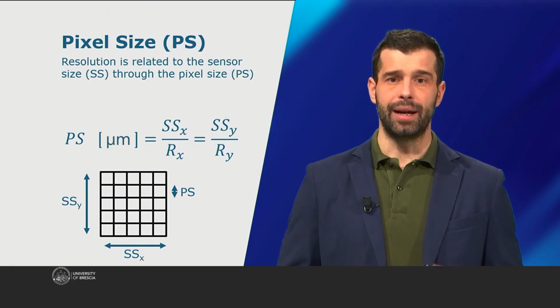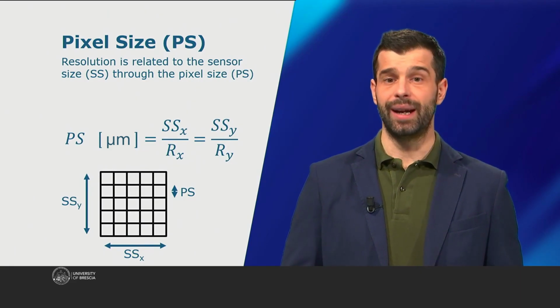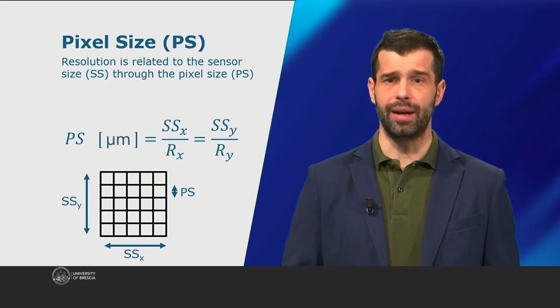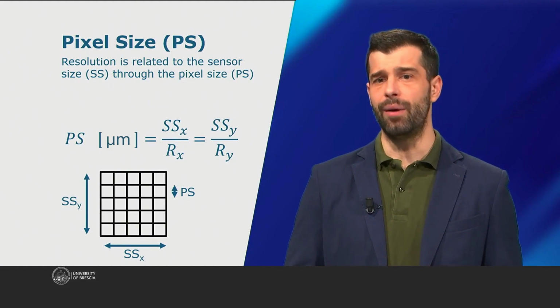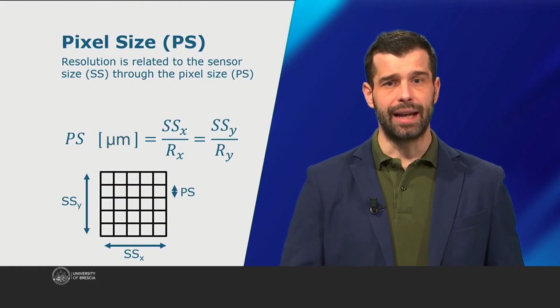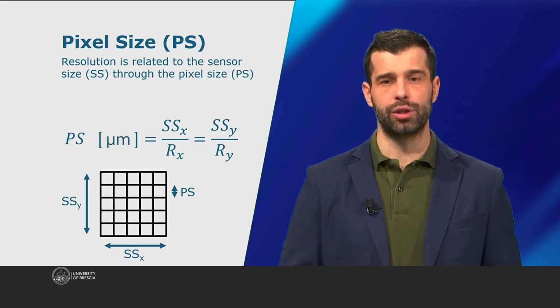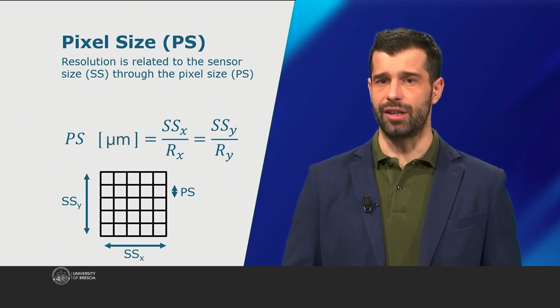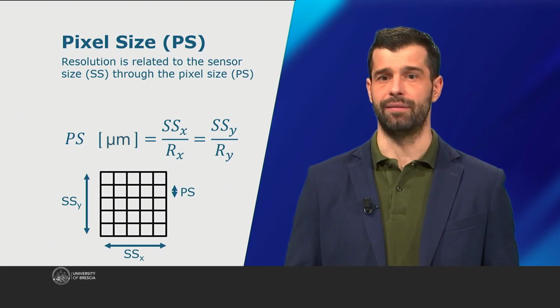In fact, by knowing the image resolution and the size of the camera sensor, we can calculate the pixel size. The pixel size actually indicates how big a pixel is within the sensor, which is why it is usually expressed in microns.